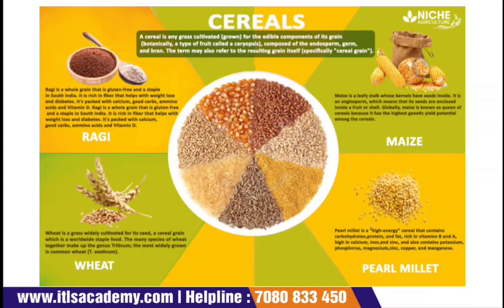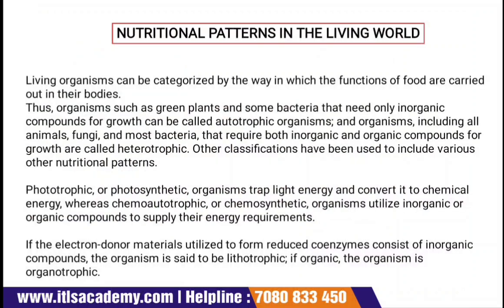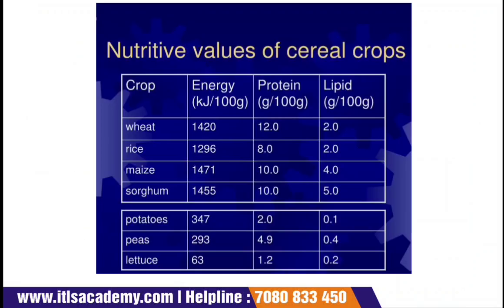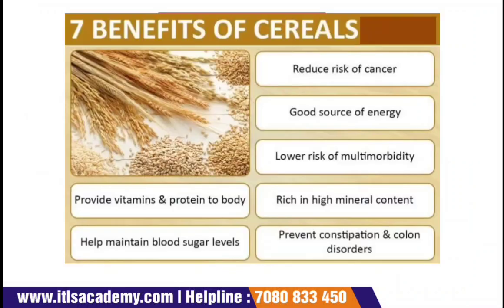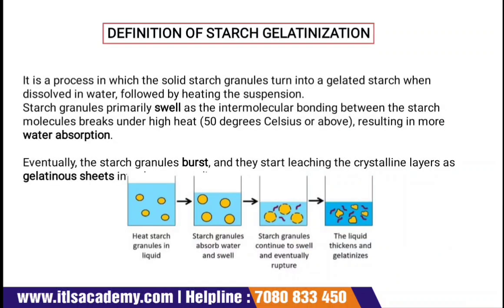They can ask you to name a cereal that has high energy, known as pearl millet. Even the nutritive values of cereal crops can be asked, so you have to learn the table. Few benefits of cereal can be asked, but one of the most important questions that will come in the exam is starch gelatinization. This is the definition, and this is the process.